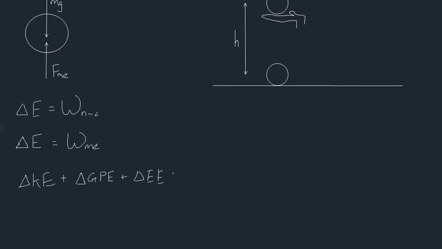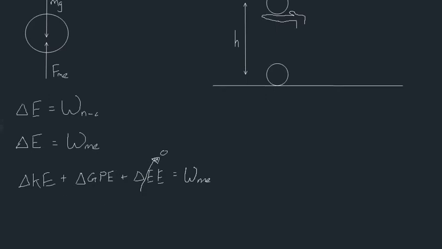And that's going to be equal to the work done by me. First of all, we need to realize that this term gets eliminated to 0 because there's no springs involved here whatsoever, or stretching of any kind.